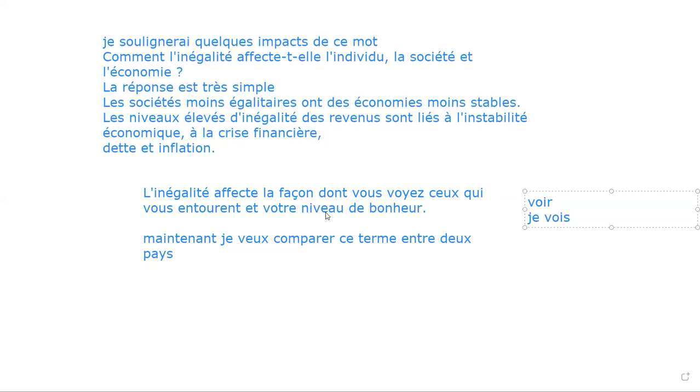If I say inequality affects how you see those around you and your level of happiness. L'inégalité affecte la façon dont vous voyez ce qui vous entoure et votre niveau de bonheur. Maintenant, je vais comparer ce terme entre deux pays. And now I'm going to compare this term with two countries.